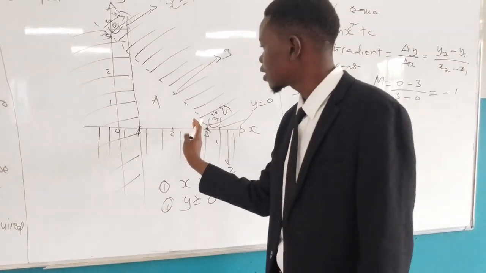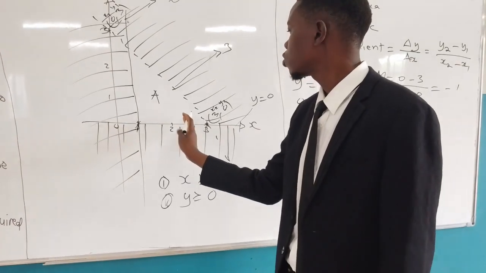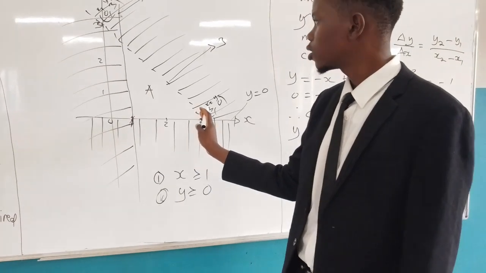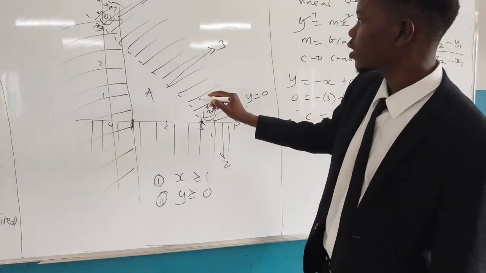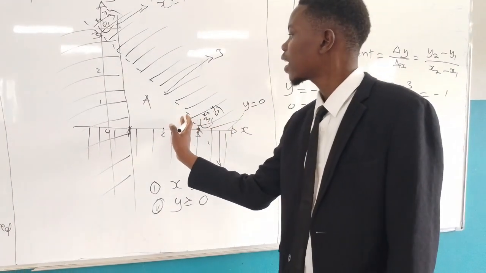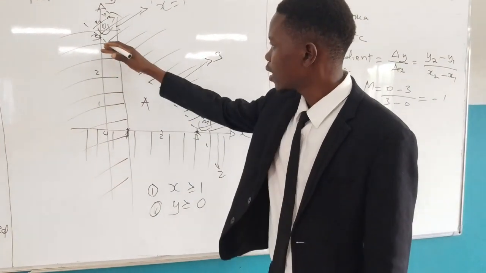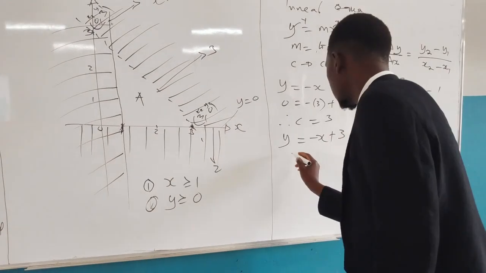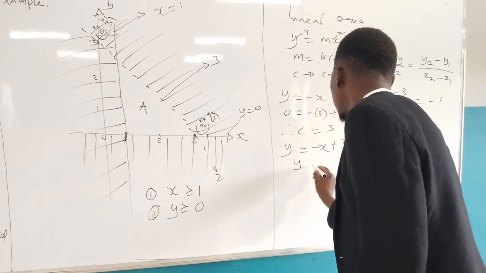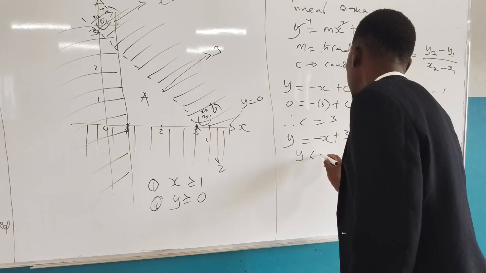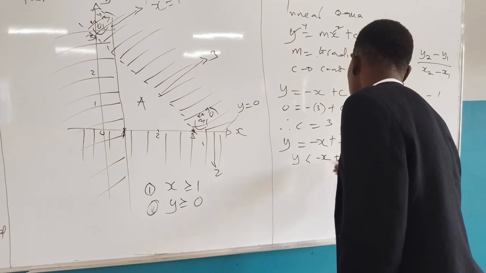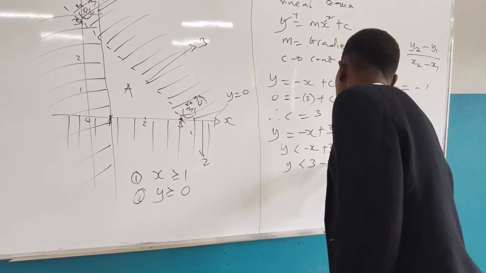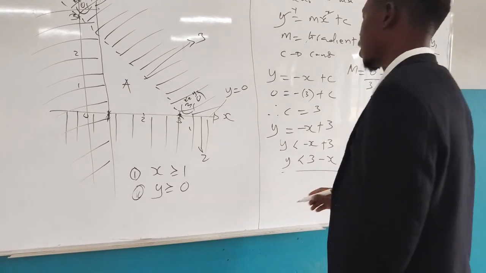The region that hasn't been shaded has numbers that are less than 3. It means our inequality talks about numbers less than 3 on this side and this side. So we are talking of y less than negative x plus 3, or rather y less than 3 minus x. So this is our answer.